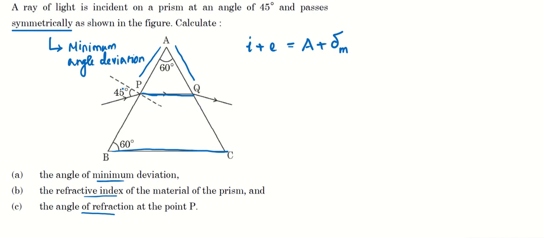During the minimum angle of deviation, we know two things. First one is I equals E. Second one is R equals A by 2.